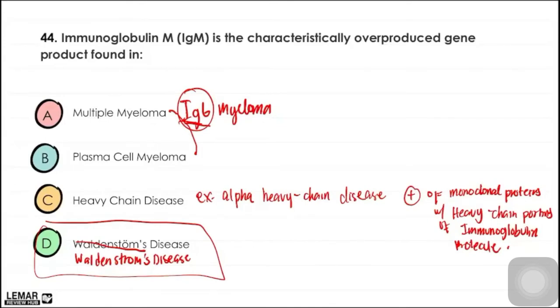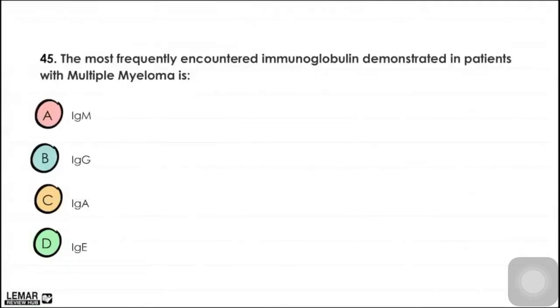Okay. So, number 44, the answer is letter D, Waldenstrom disease. Number 45, the most frequently encountered immunoglobulin demonstrated in patients with multiple myeloma.